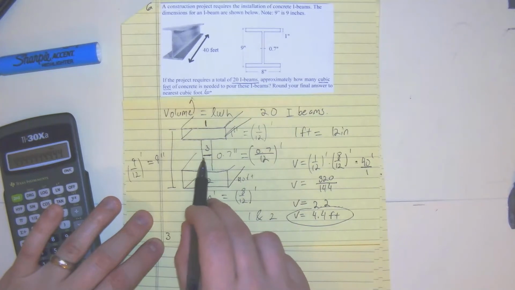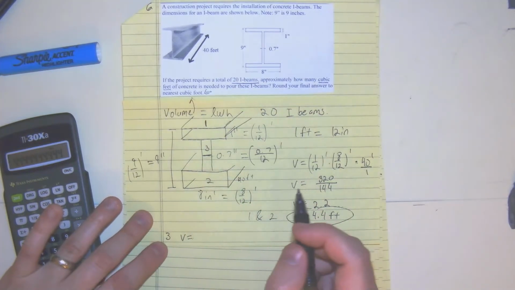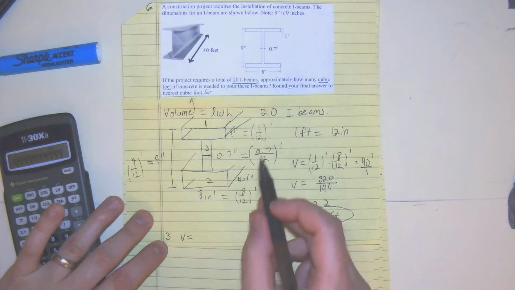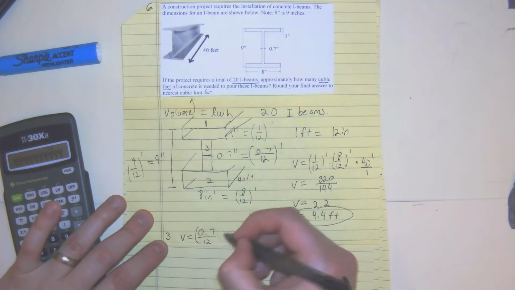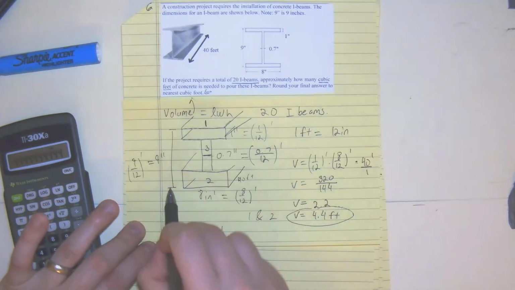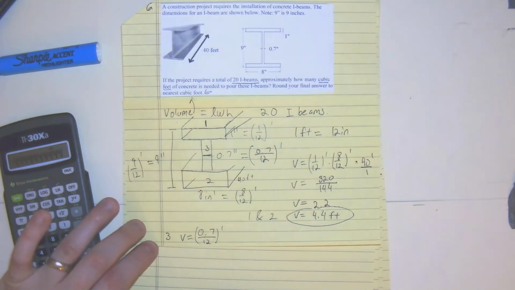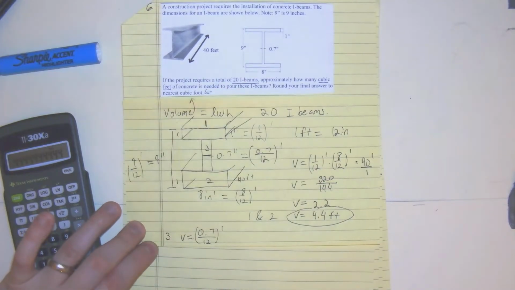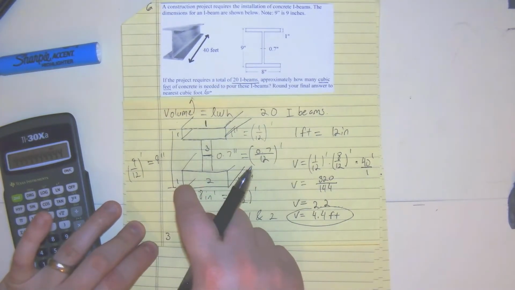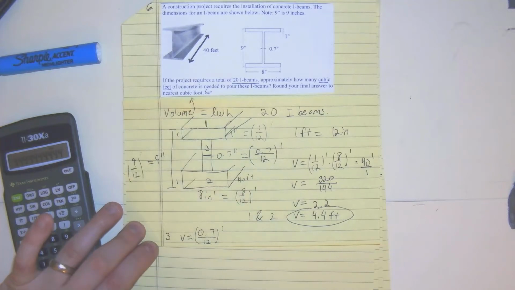Let's start with the width of it, which would be 0.7 over 12 feet. If the full height is 9, and we know the top and bottom are 1 inch each, the height of this would be 9 minus 1 and 1, which would be 7.